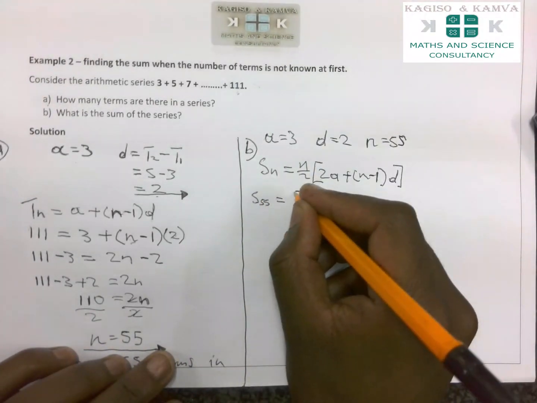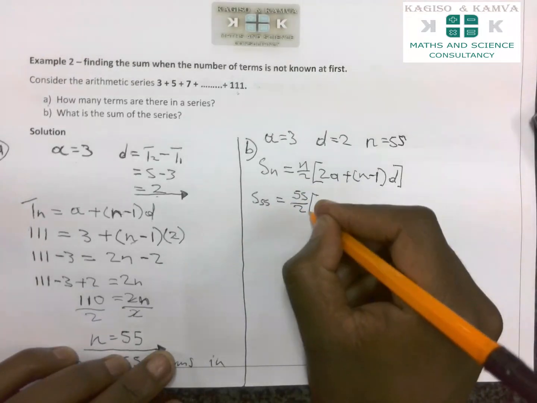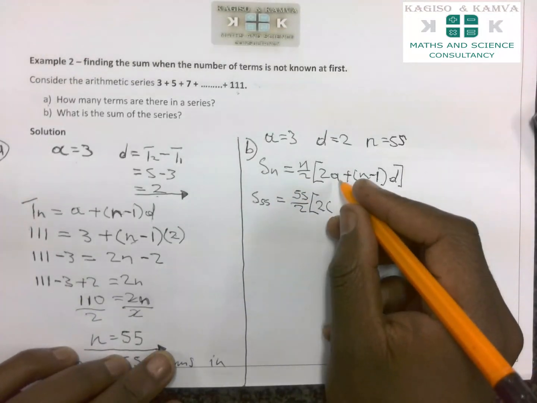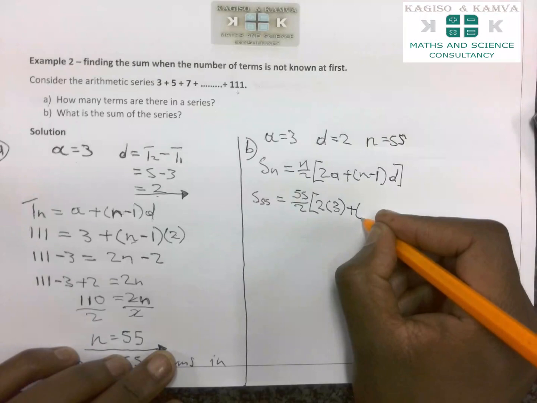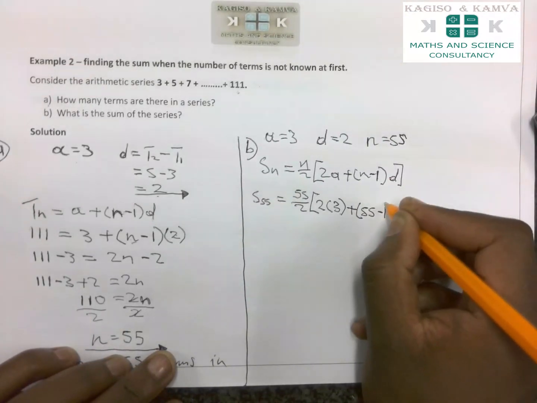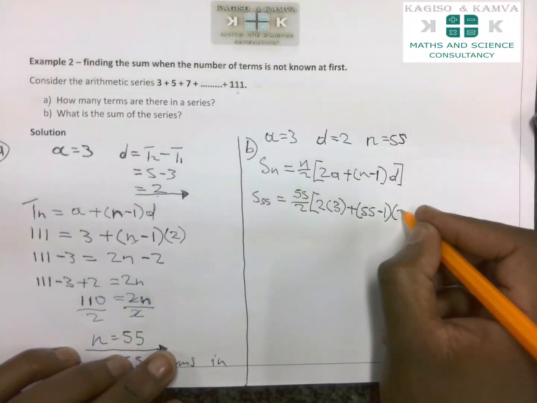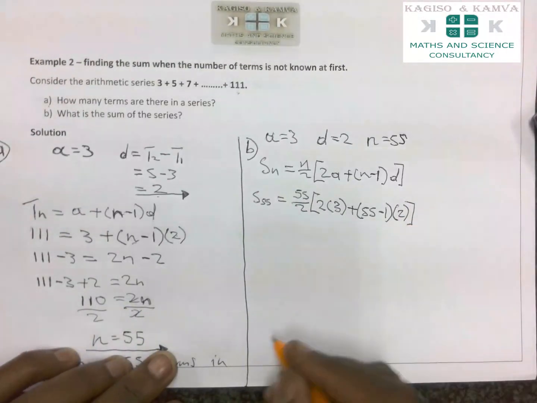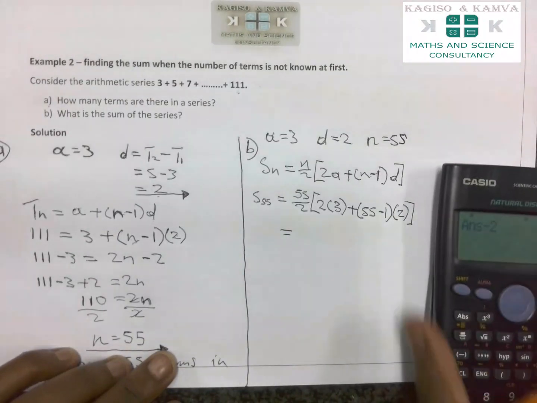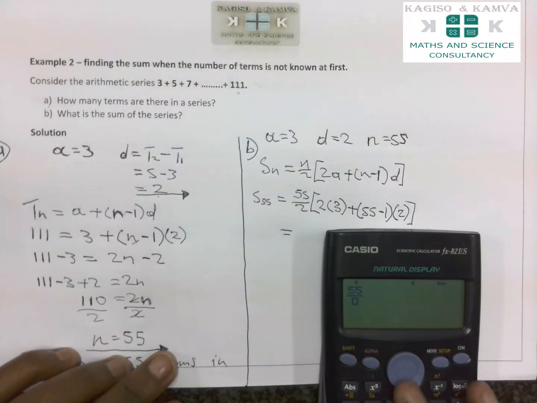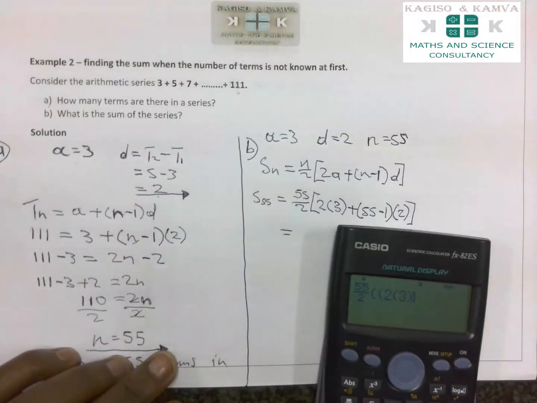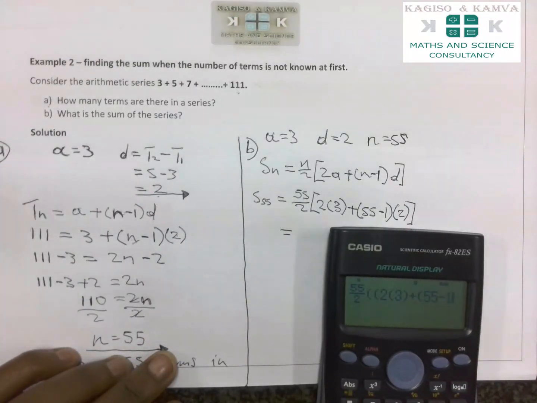The number of terms is 55, so that will be 55 divided by 2 into (2 times a, where a is 3, plus 55 minus 1, times the constant difference, which is 2). We punch all these in our calculator: 55 divided by 2 times (2 times 3 plus 55 minus 1 times 2).